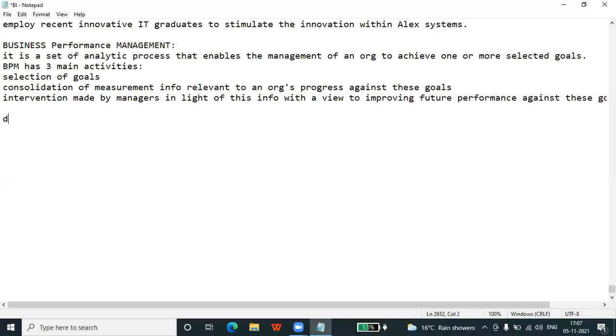Then we will see definition and scope. Business performance management consists of a set of management and analytic processes supported by technology that enable business to define strategic goals and then measure and manage performance against those goals.